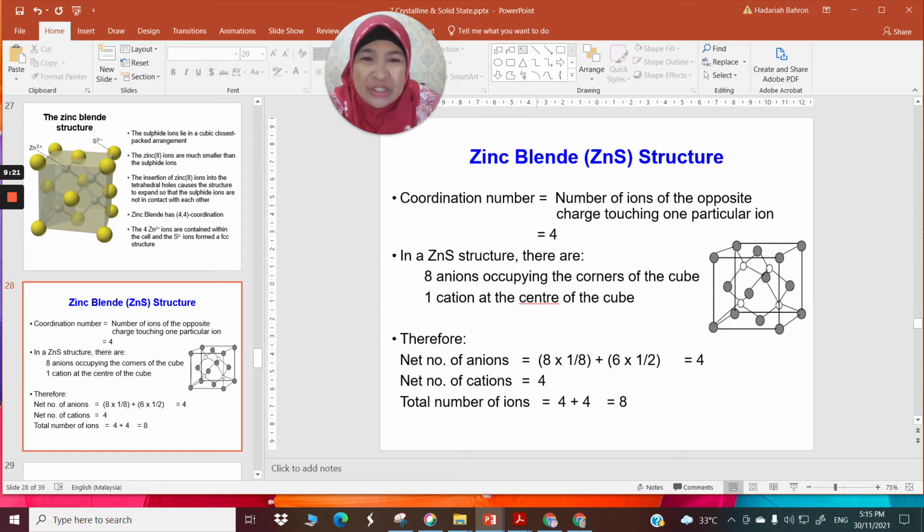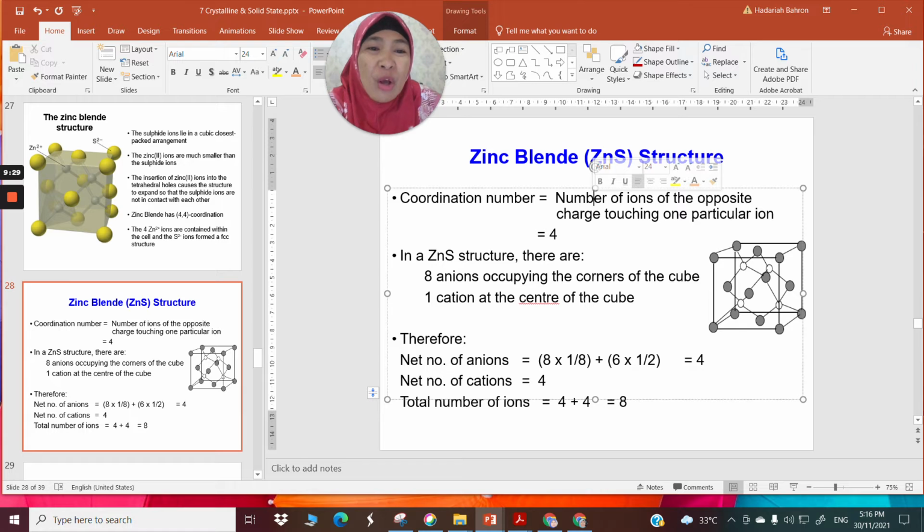Now, the coordination number of each of the cations and the anions in zinc blende is 4. The number of ions of the opposite charge touching one particular ion is equal to 4.